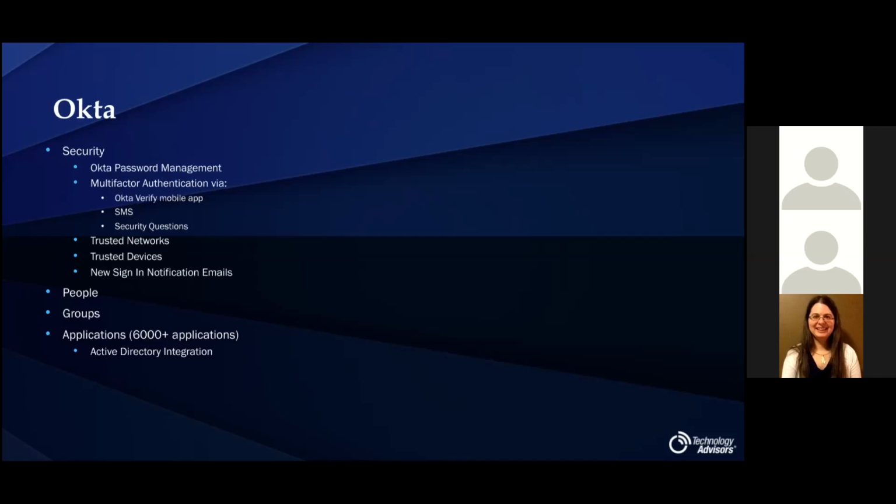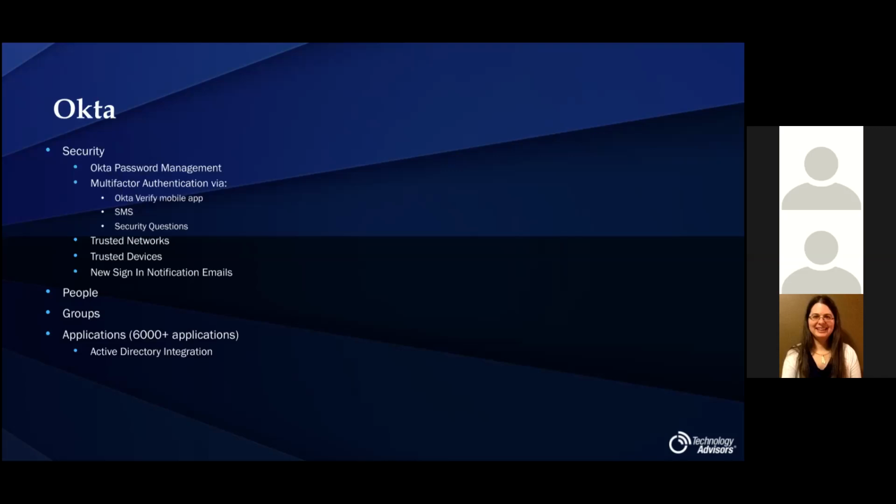You could even say, I only want my users to be able to log into Sugar or whatever from within our office, our specific office IP address. You can have trusted devices, computers or mobile phones, and you can set up new sign-in notification emails so that people get notified when there's a new sign-on, so they can see if there's a sign-on they don't recognize.